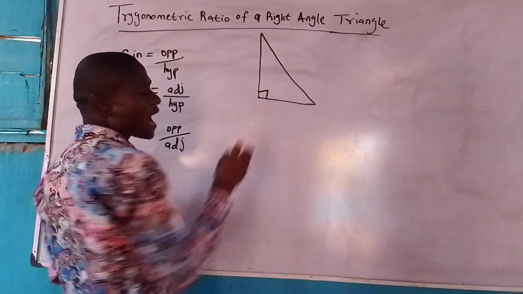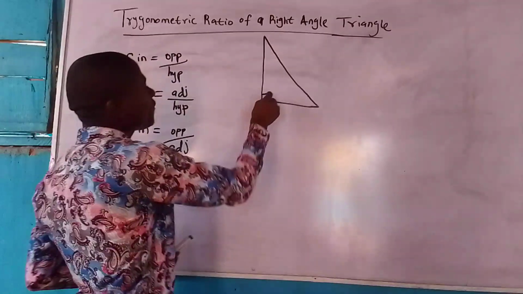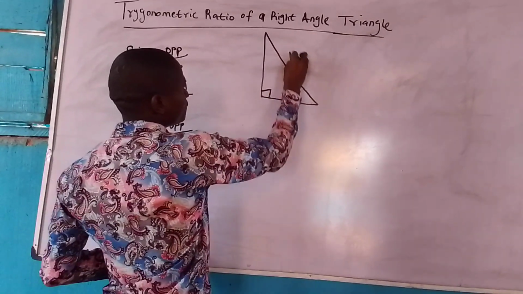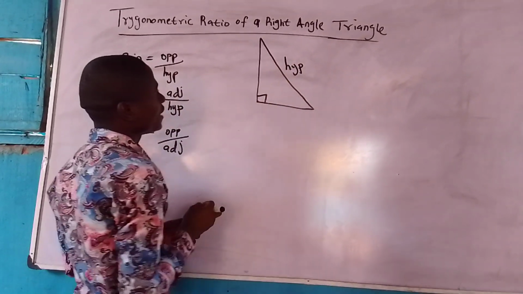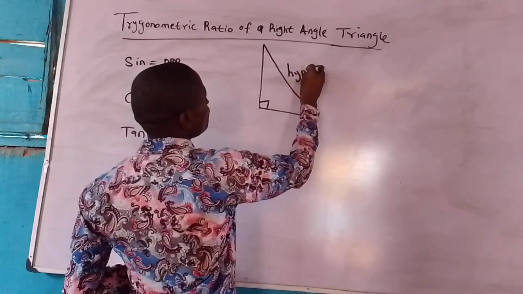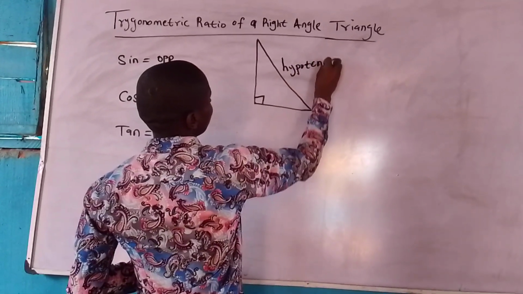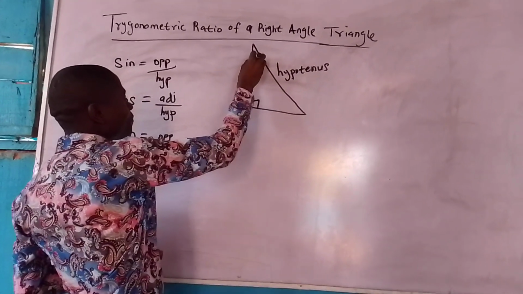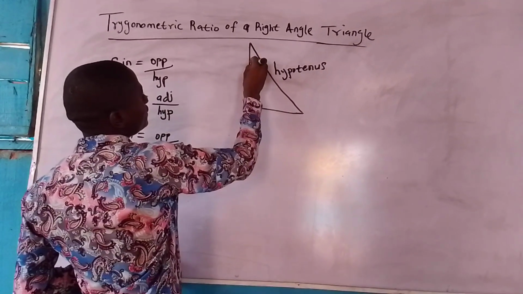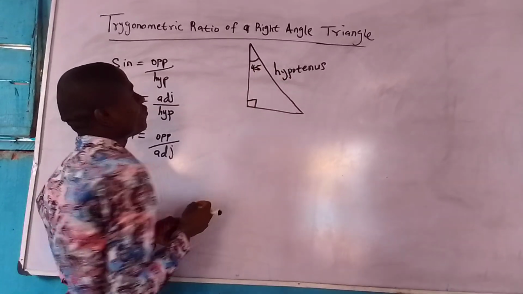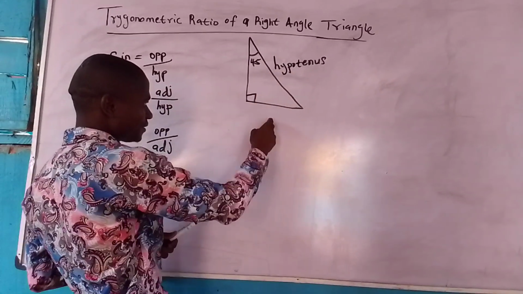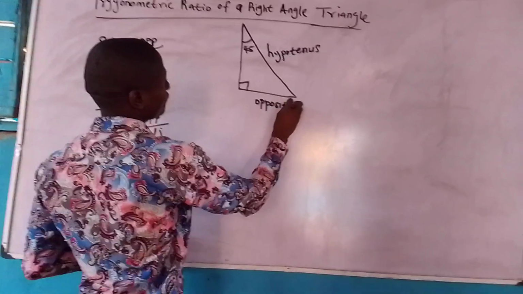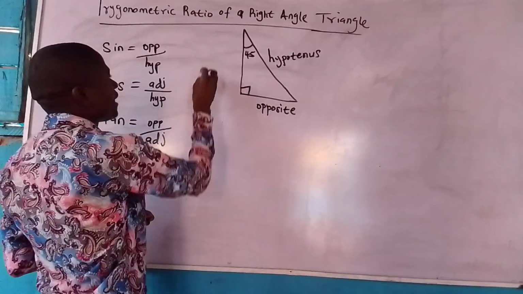Now, for identification purposes, wherever the angle 90 is pointing is the hypotenuse. Now, if you represent this place as, let me say, 45, wherever the angle is pointing will be the opposite. Now the remaining side will be the adjacent.